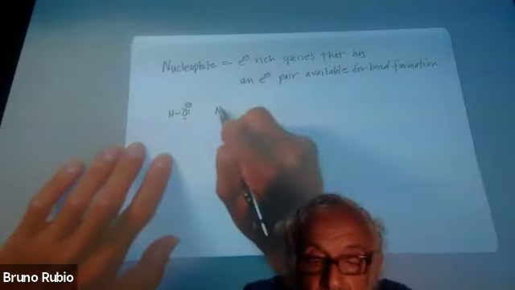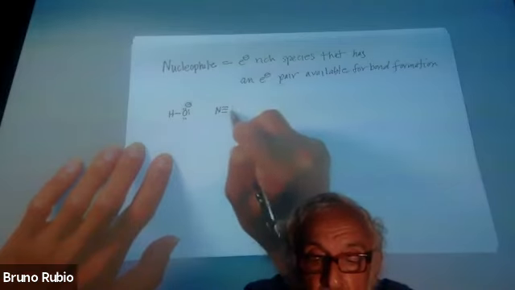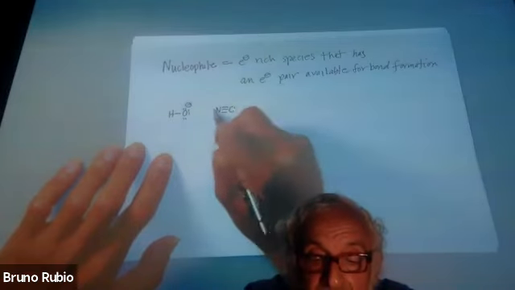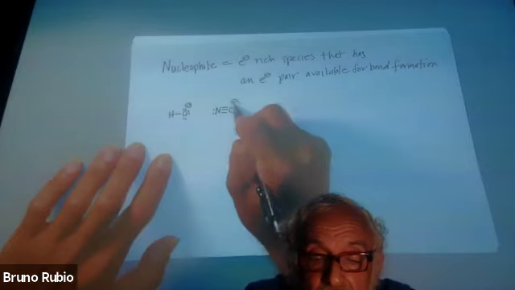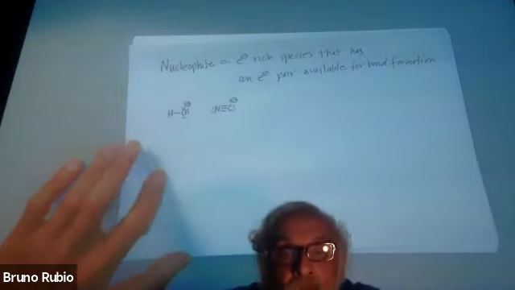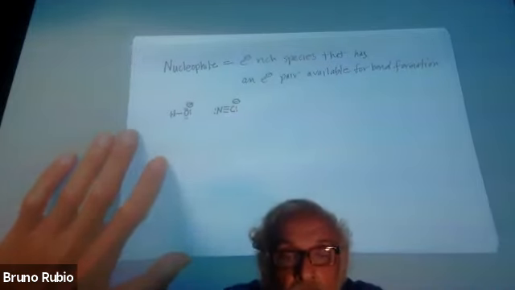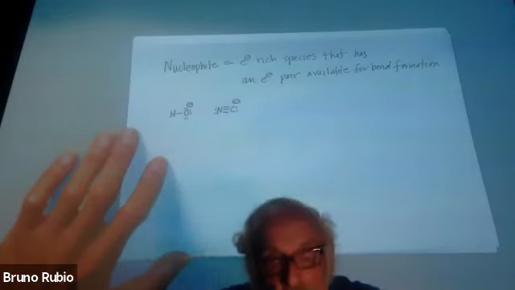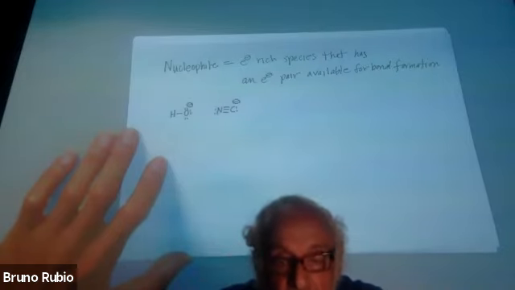Another concrete example of a nucleophile could be the cyanide ion, right? The cyanide carbon is so electron rich that it has a negative charge on it, and that carbon atom has an electron pair on it, which it can use to form a bond to something else.